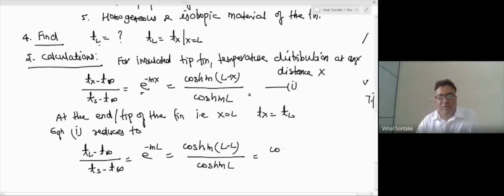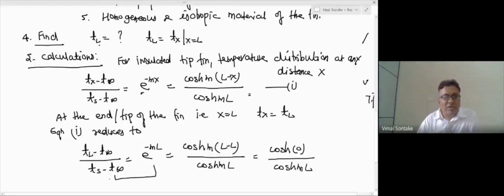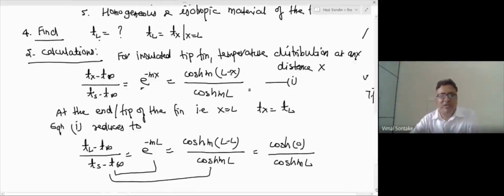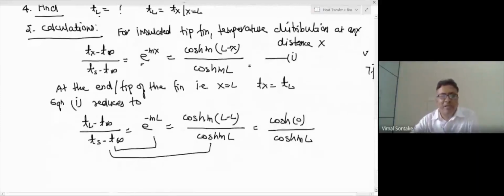This will become cosh of 0 over cosh of mL. You can take either this combination or this combination. Any one combination you can take, but I am explaining both, since this is the very first numerical.